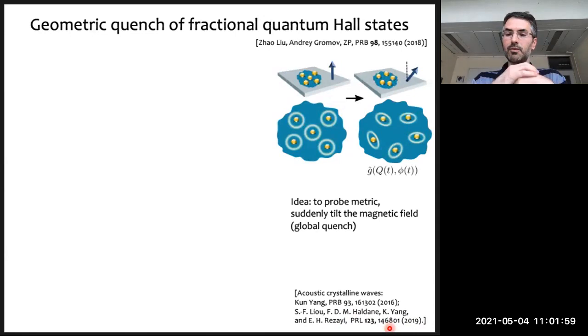So if you do that fast, you will throw the system into a non-equilibrium state, and there will be some dynamics happening. And the question is, what's going to happen with this metric that describes the quantum Hall fluid as a function of time, okay? So that's the basic idea.